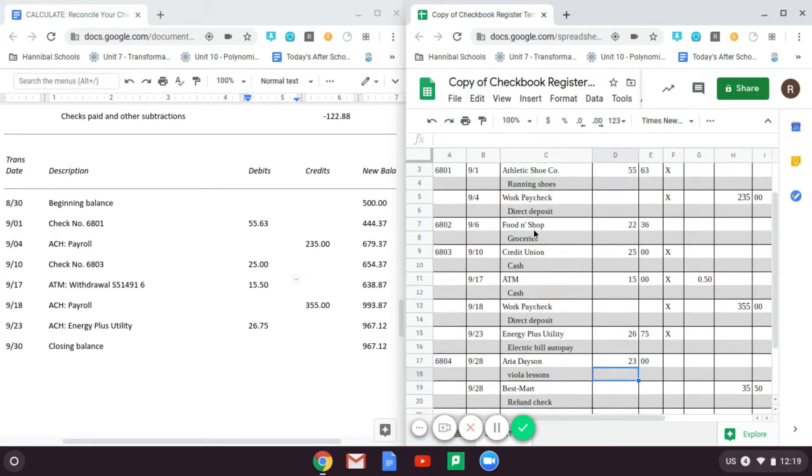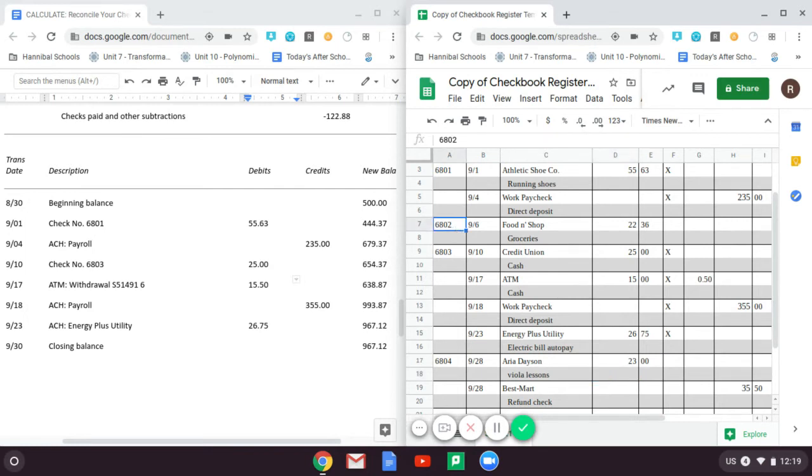Well, Food and Shop, you wonder why that wouldn't have gone through yet, since that's from 9/6. But maybe they do all their check cashing on the last day of the month or the first of every month. So if that was the case, this check would not be cashed yet until after this bank statement closed. So that 6802, that check is outstanding, right?